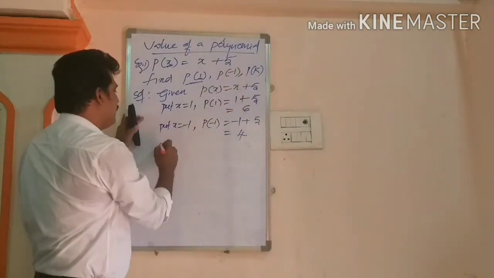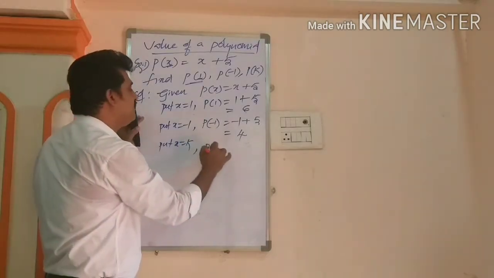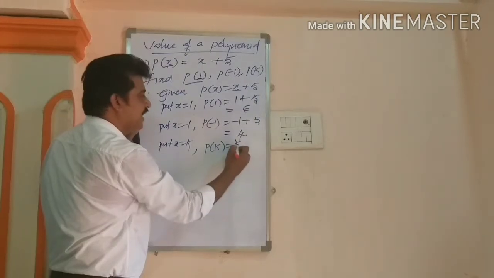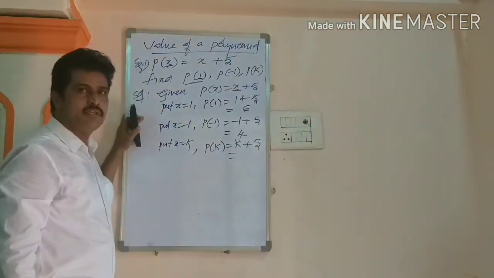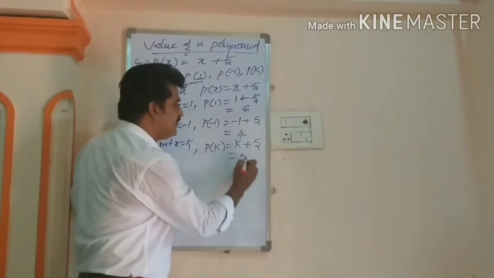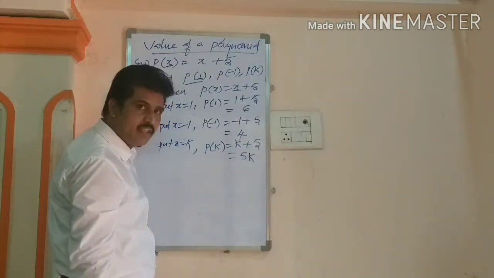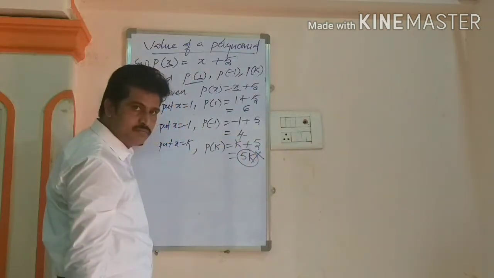Like that, take k. Put x is equal to k. P of k is k plus 5. So many students are doing wrong here. Some say k plus 5 is 5k. You should not write 5k. This is wrong.